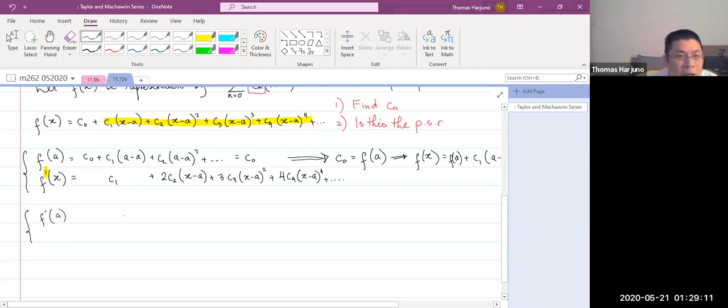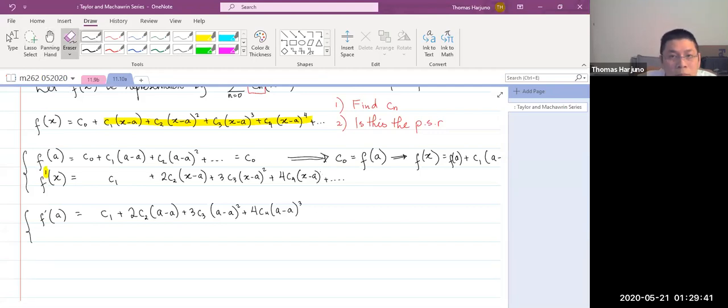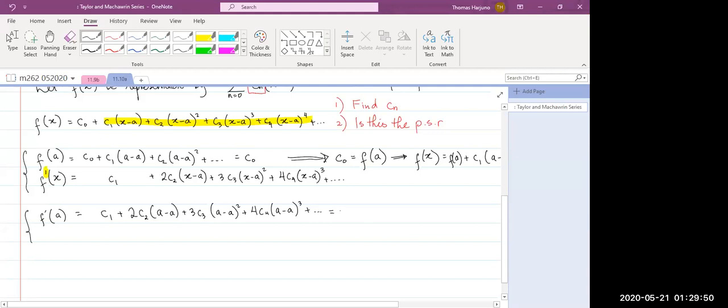If I replace x by a, I will get c1 plus 2c2 (a minus a) plus 3c3 (a minus a) squared plus 4c4 (a minus a) cubed, and on, which equals c1.